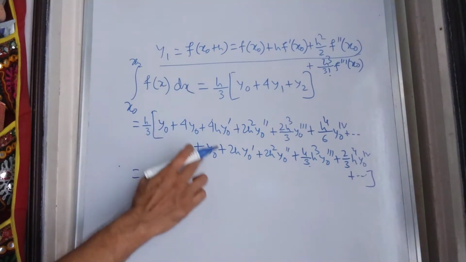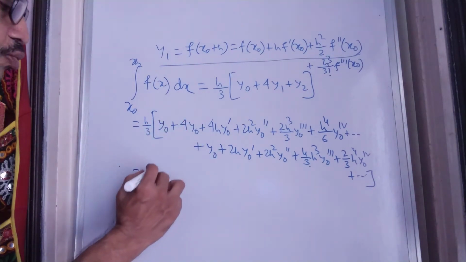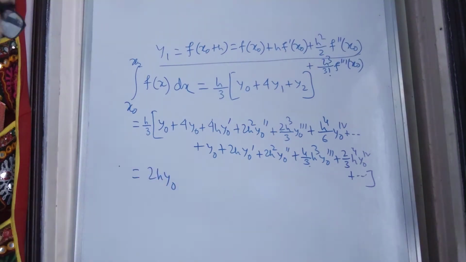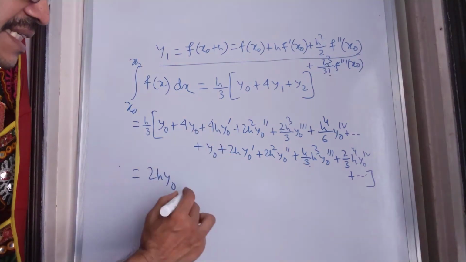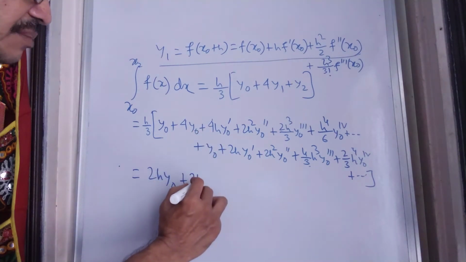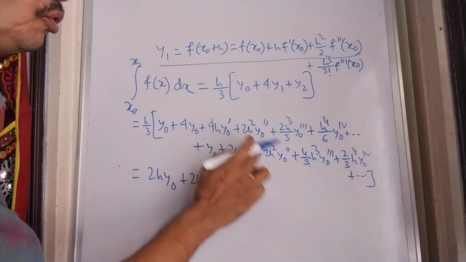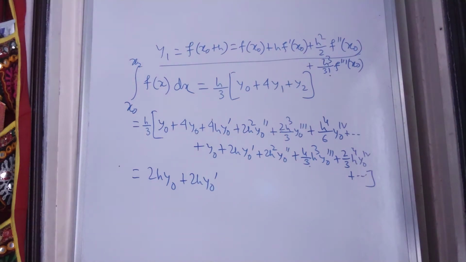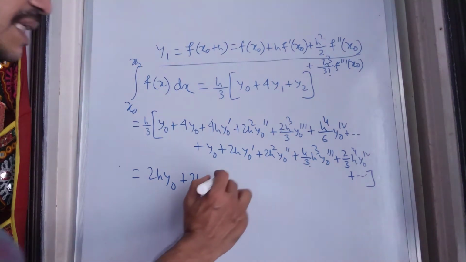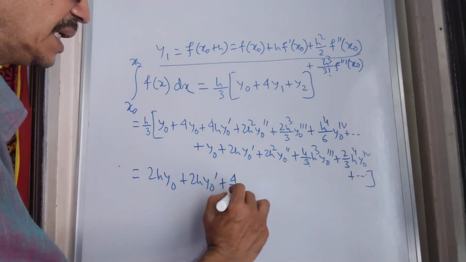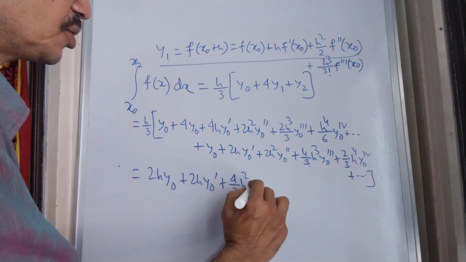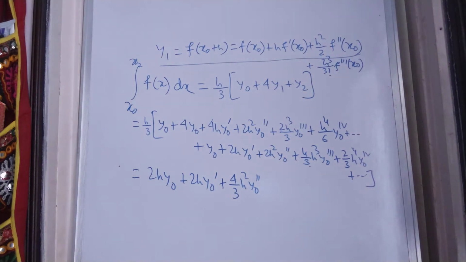So y0 is 6, so it is 2h y0 when multiplied with 3. y0 prime is also 6h, so this also becomes. Then we have 4h square y0 double prime, isn't it so? So this is 4/3 h square y0 double prime.